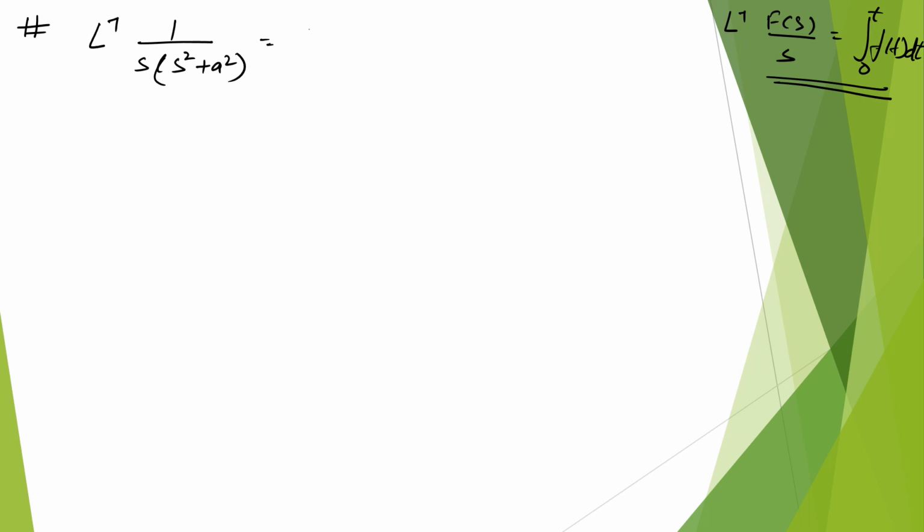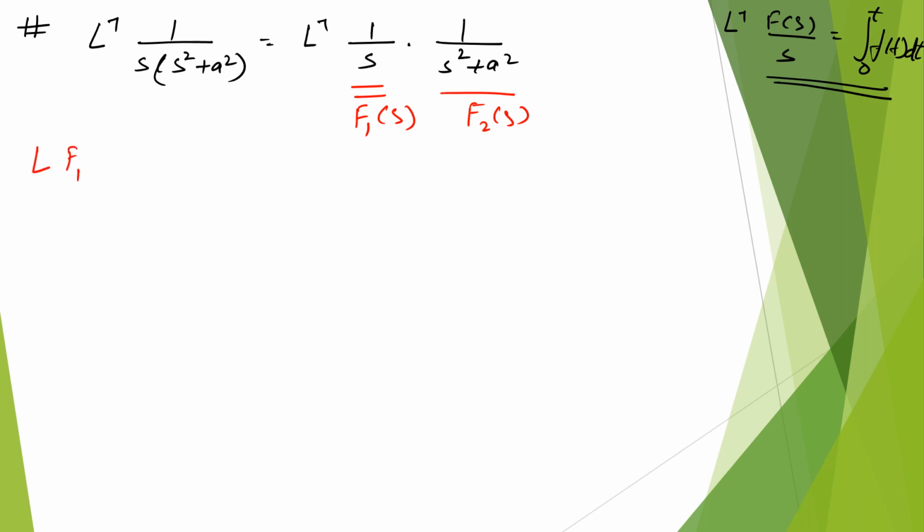So we can say the Laplace inverse of 1 by s into 1 over s squared plus a squared. We consider the first as F1(s), and the second as F2(s). Now the Laplace inverse of F1(s), that is Laplace inverse of 1 by s, is equal to 1.